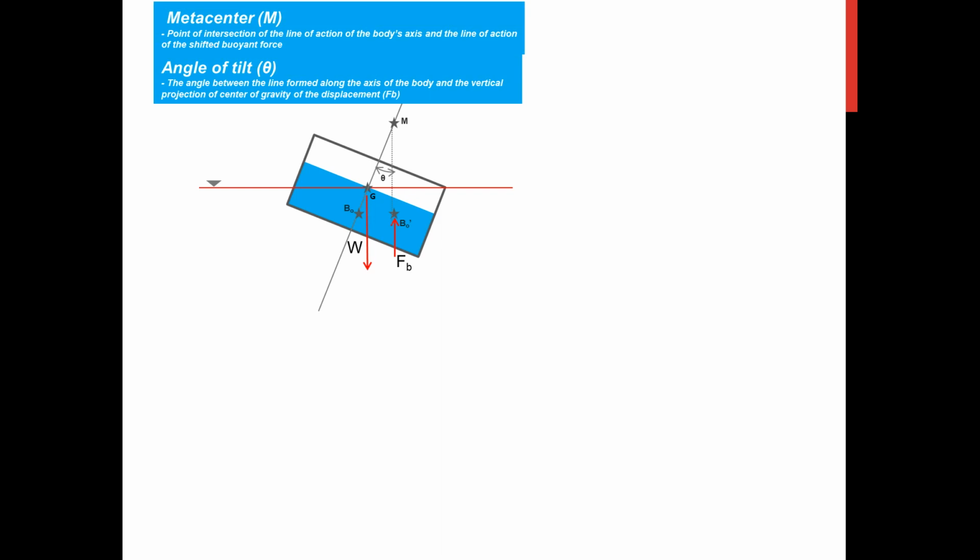The angle of tilt is the angle between the line formed along the axis of the body and the vertical projection of the center of gravity of the displacement, or the buoyant force. When we say displacement, take note class, that refers to the buoyant force. Now, this angle is also the angle of tilt with this angle. So we can use that angle of tilt on the triangle formed.